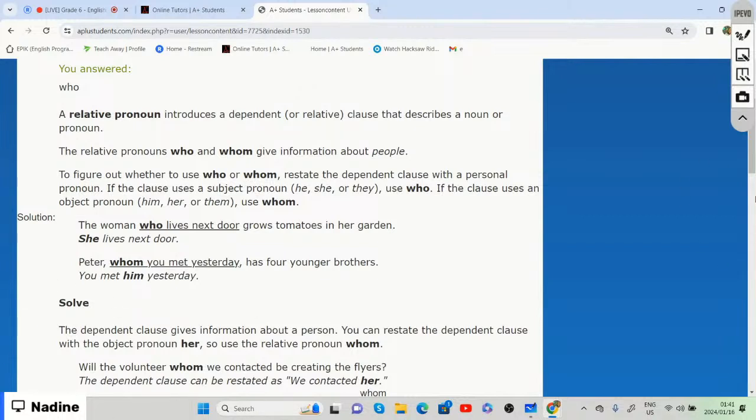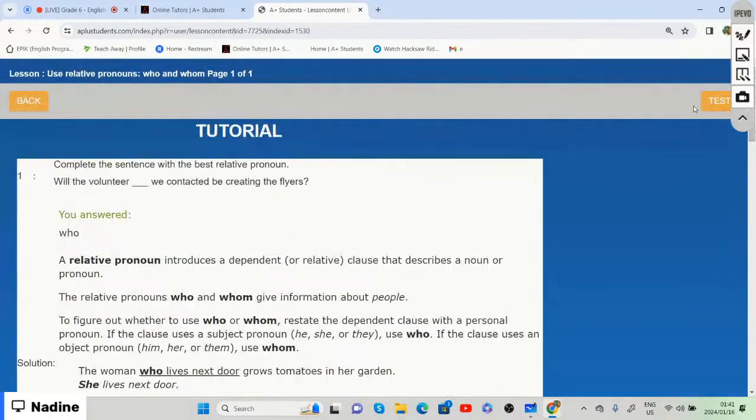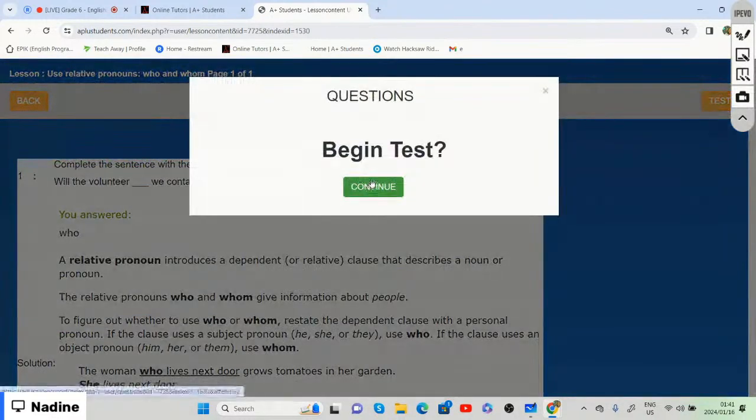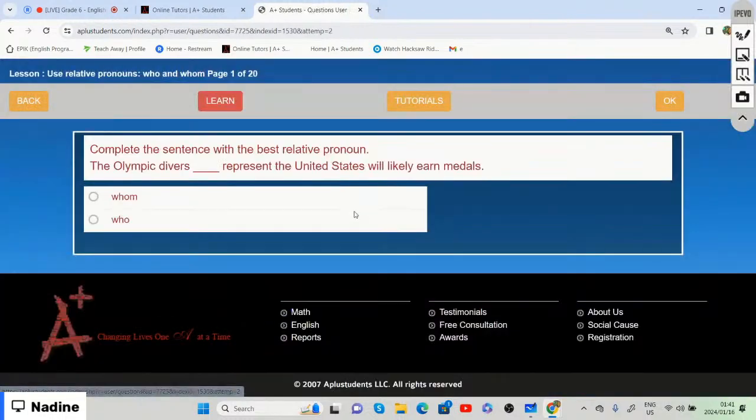All right. Now let's go to our test. We're going to begin the test and use the relative pronouns who and whom and choose the correct one.